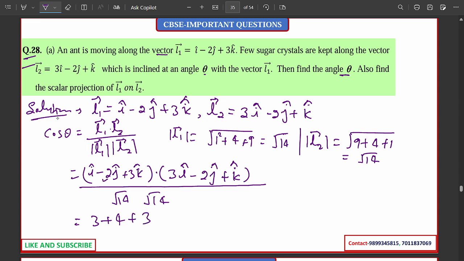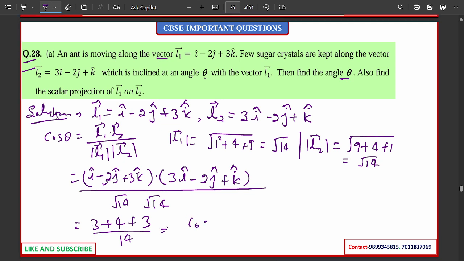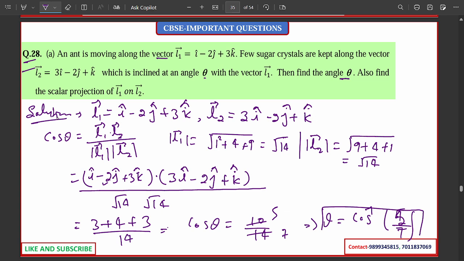So basically cos theta is equal to 10 over 14, so theta is equal to cos inverse of 5 by 7. So this is the angle between the L1 and L2 vectors.